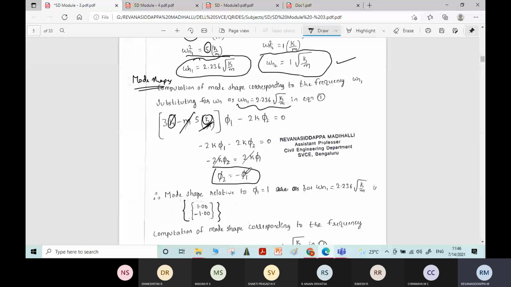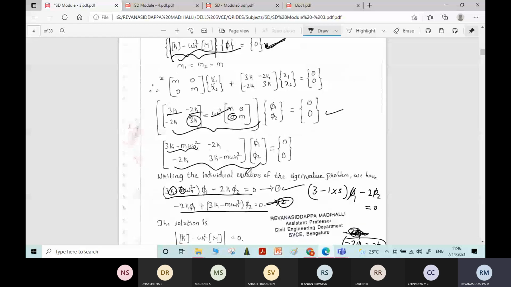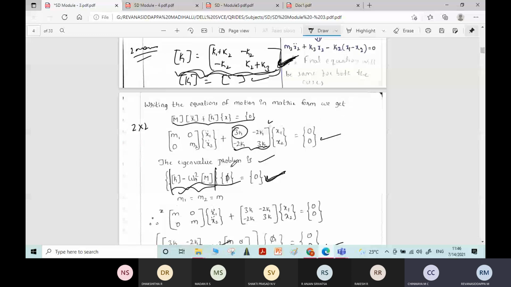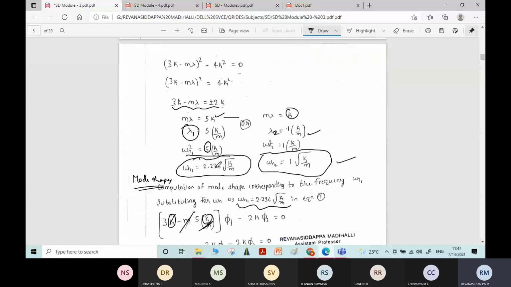You have two natural frequencies. Omega n2 square is known, correct? Omega n2 square is equal to 1 into k by m.